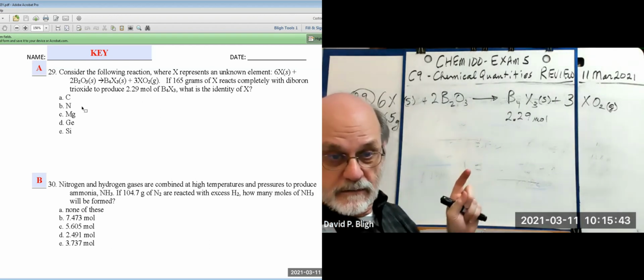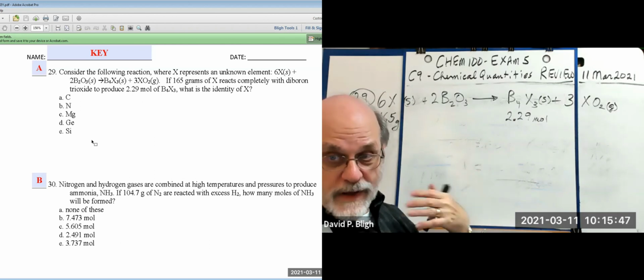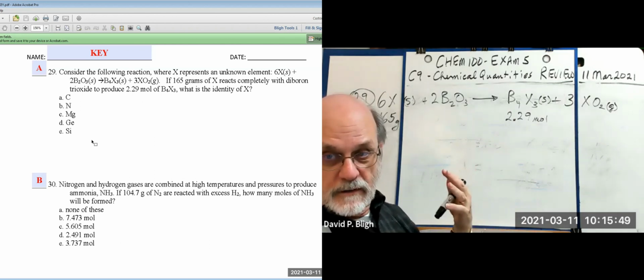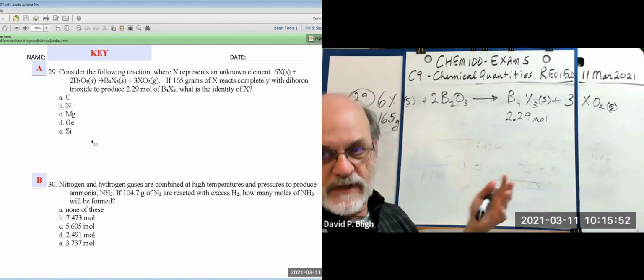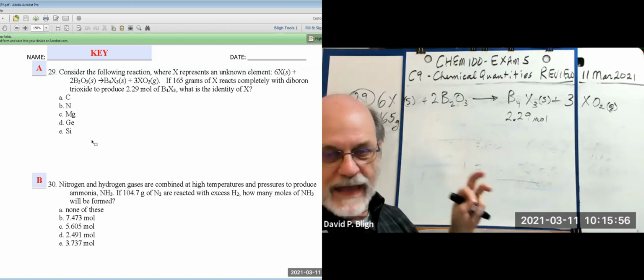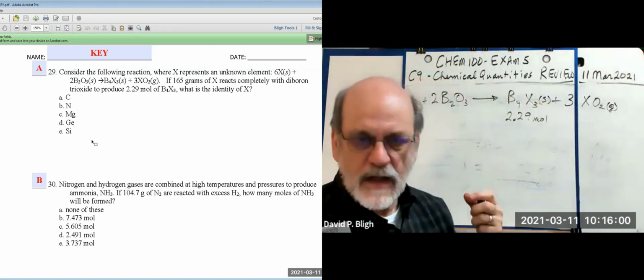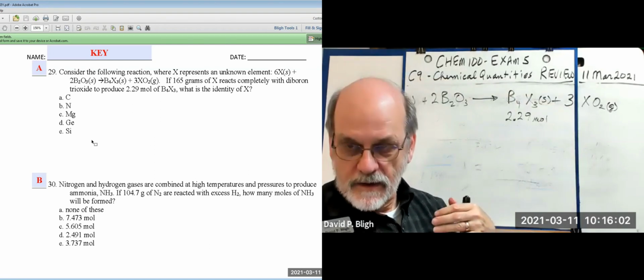X is an element, and these are our choices. Are we able to determine atomic number, which would be definitive for the element? No. We can't do that with the information given. So our next best bet is molar mass.